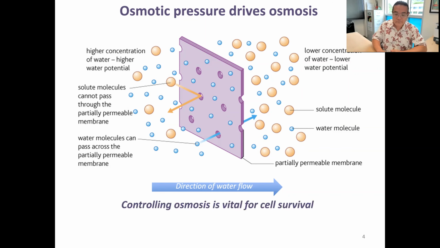So already you can imagine that a living cell has to deal with this. And again, living cells cannot just rely upon things flowing back and forth purely by concentration gradients. They need to somehow have a level of control in order to survive.